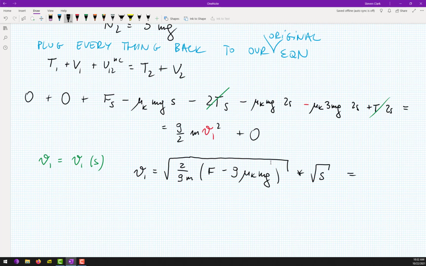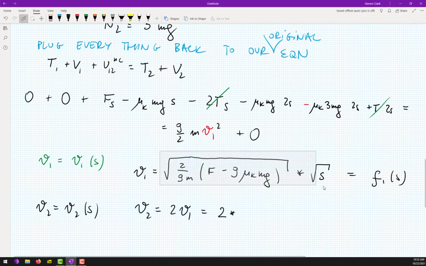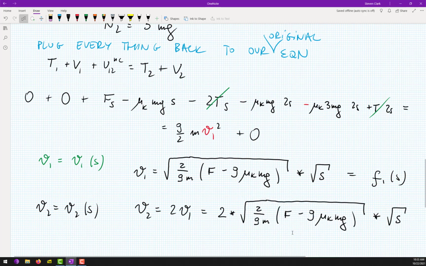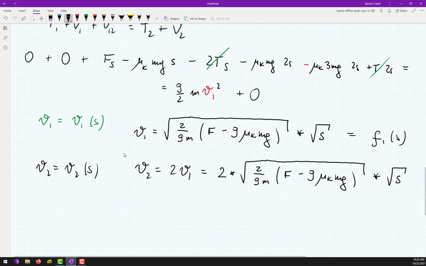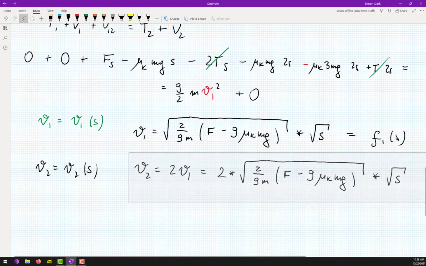It is clearly some function f1 of s. By the way, they also ask us to express v2 as a function of position, yes? But v2 is 2v1, yeah? So I can just write 2 in here and copy this. And I can claim a victory over that problem, because this is clearly some function of position.